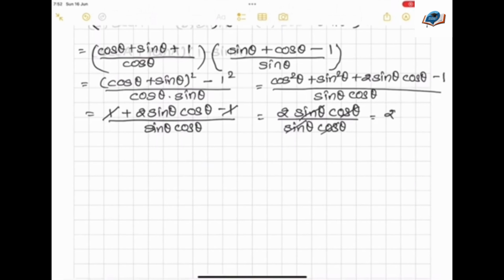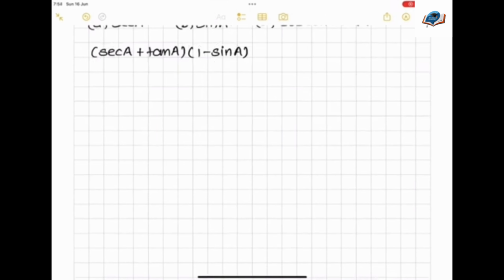Now next one is sec A plus tan A into 1 minus sin A. So first converting everything into sin cos.